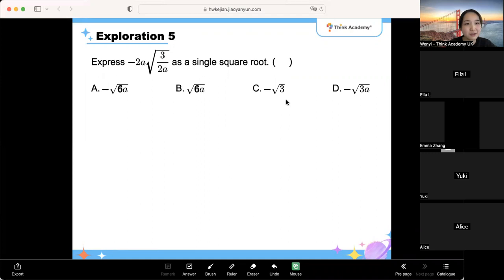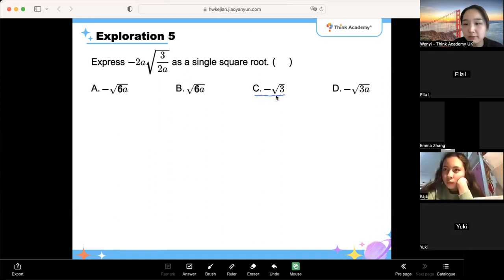I can see various answers here. Some of them are correct, but some of them are not. Okay, let's say it together. We need to express this negative 2a times root 3 over 2a as a single square root. Then some of you choose option C, which is negative root 3.